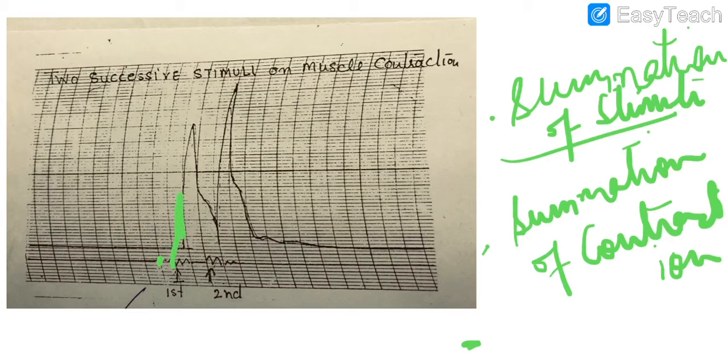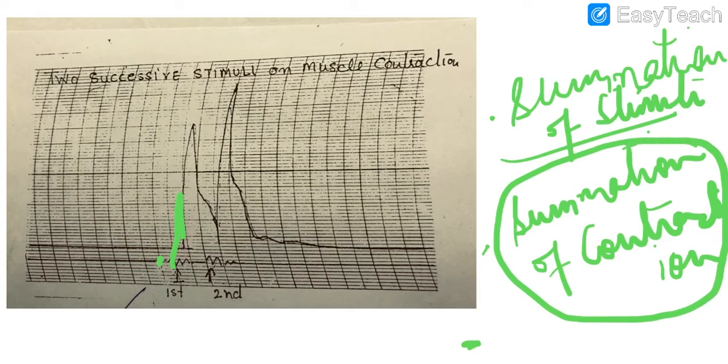That is called summation of the stimuli. And this diagram shows the summation of the contraction. What does it mean? It means the increase in the actual magnitude of the contraction as a result of multiple stimulation.